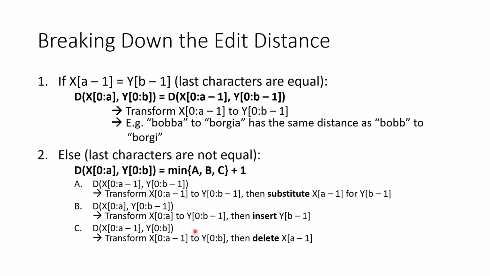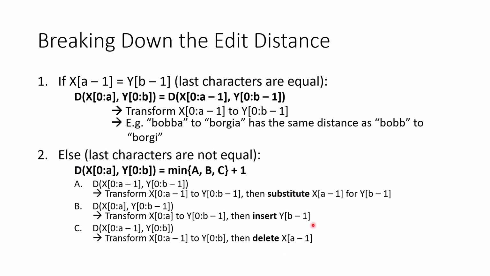And then the last one is deletion. So now, instead of all the characters of x, let's only transform the first a minus 1 characters of x, convert that to all the characters of y, and then delete the last character of x.